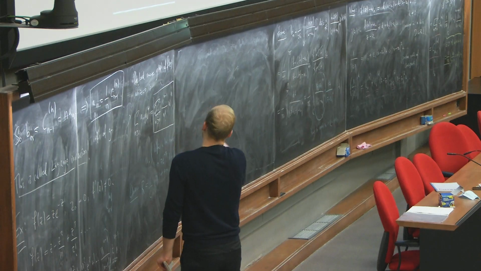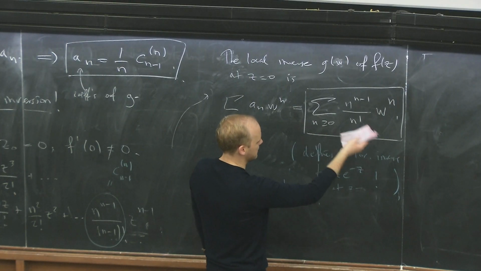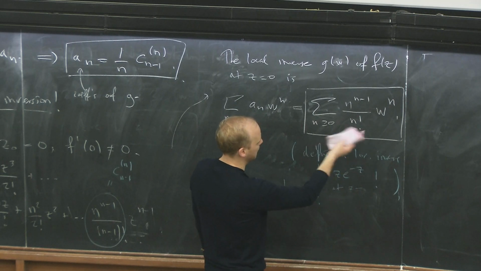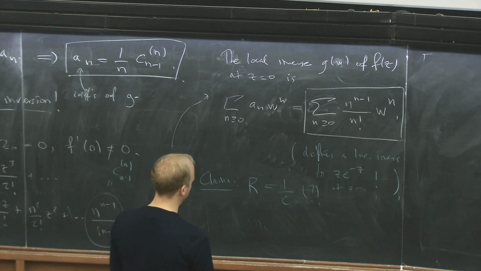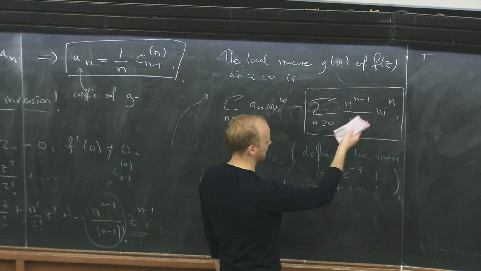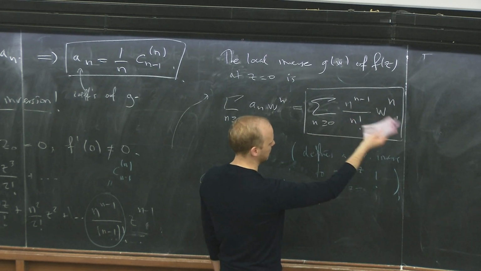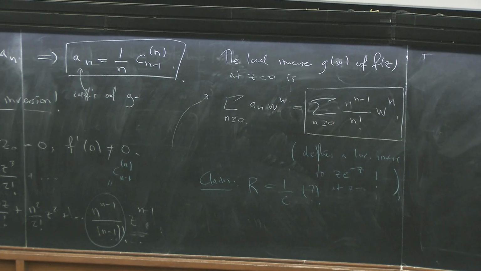And it's kind of amazing that you can find the power series expansion of a local inverse with some method like this. Of course, it's not in any way obvious that the power series expansion of the inverse to z e to the minus z around z equals 0 should look like this. So I think that's pretty remarkable. So I wanted to show you that anyway.